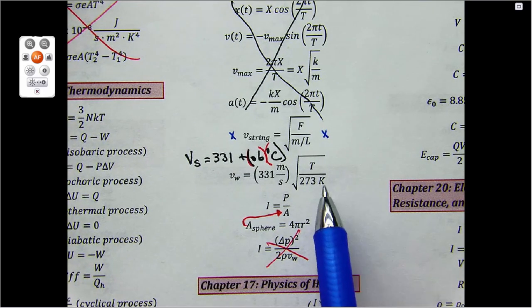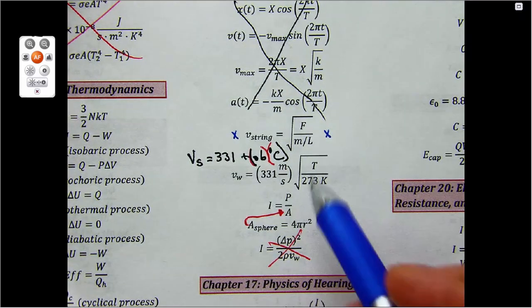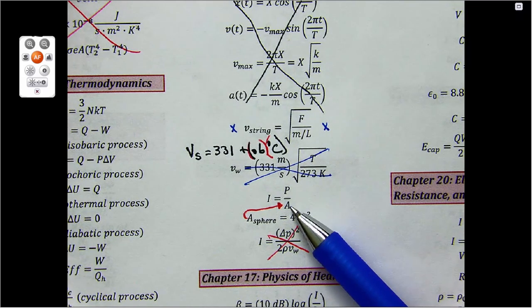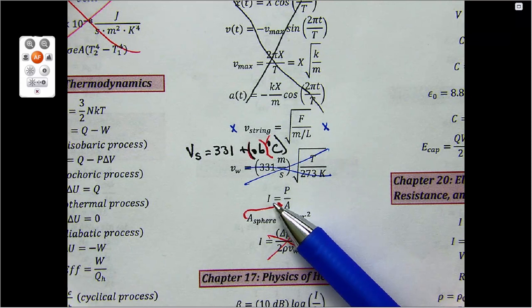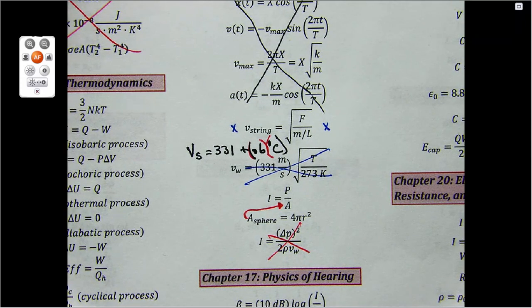And this is what we've been using. Instead of this square root of T over 273, we've been using 0.6 times degrees Celsius. Yeah, if you want, you can cross this off. This right here is area. Yep. Intensity is equal to pressure divided by area.